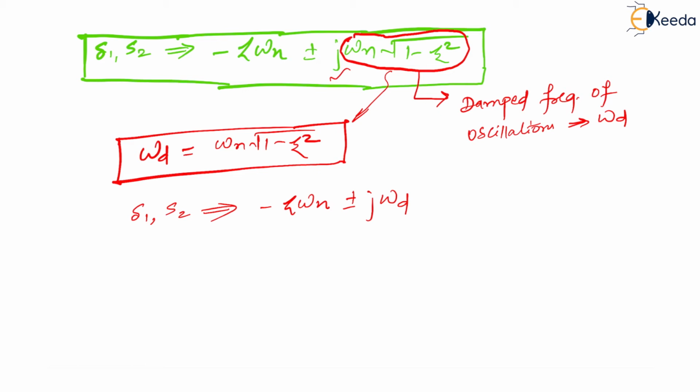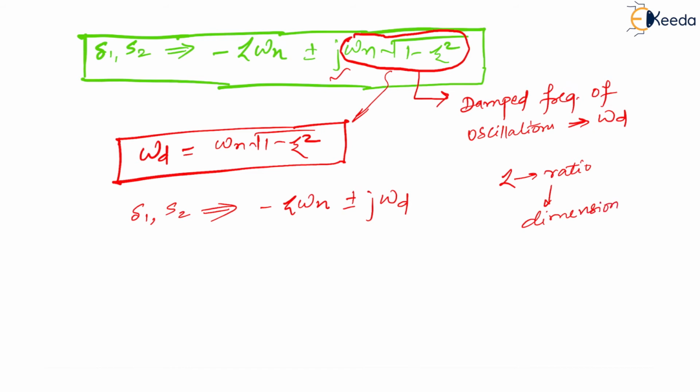Now you may ask, sir, why can you say that it is going to be the damped frequency of oscillations only? Because this zeta is a ratio, we have seen that. If it is a ratio, then definitely it is going to be dimensionless.